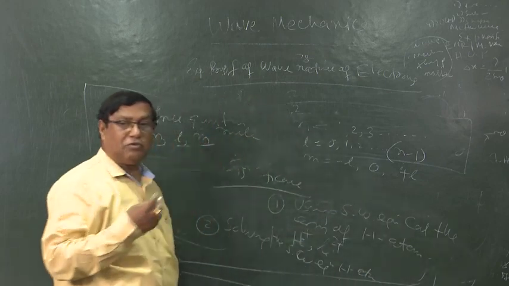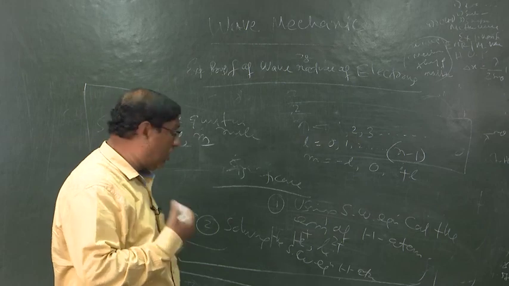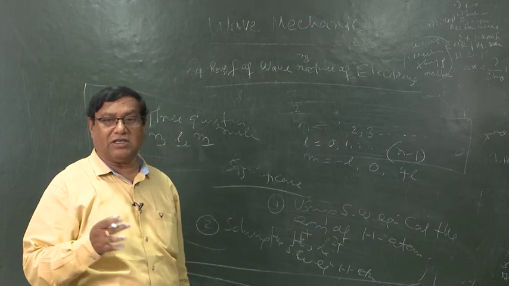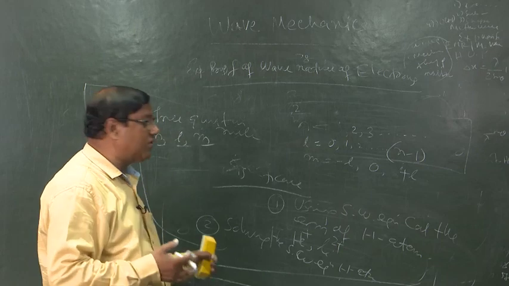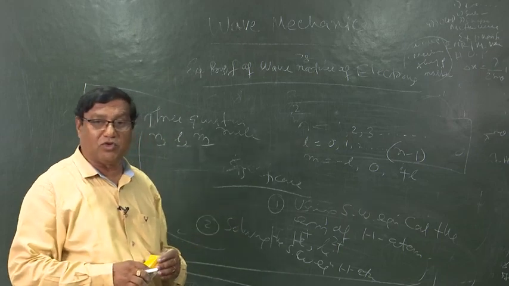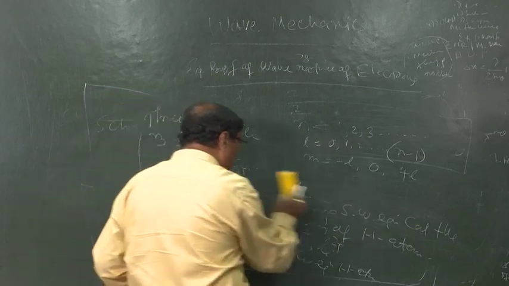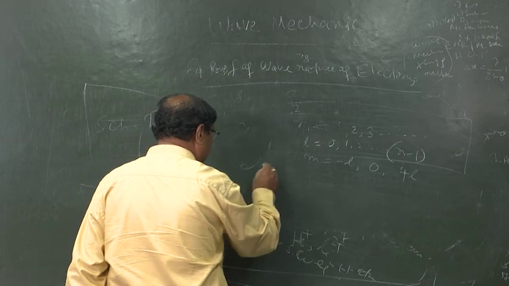So these three quantum numbers, as well as their restricted values, are calculated by using the Schrodinger wave equation. So these are the two advantages of Schrodinger's wave equation, but there are some limitations.